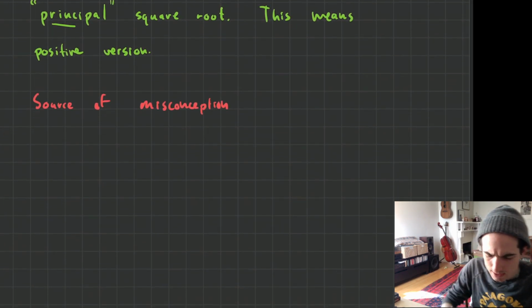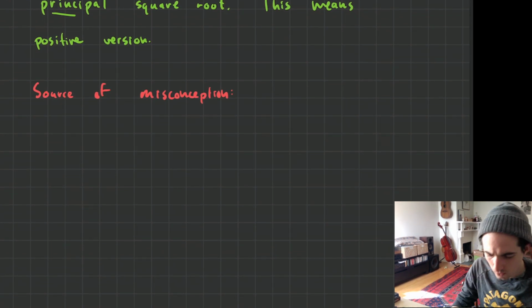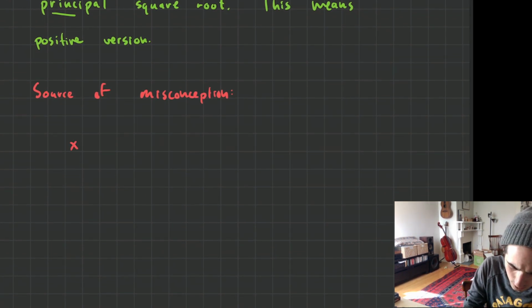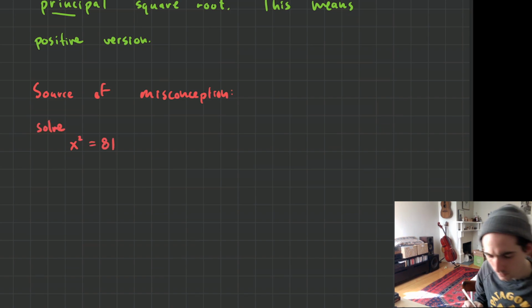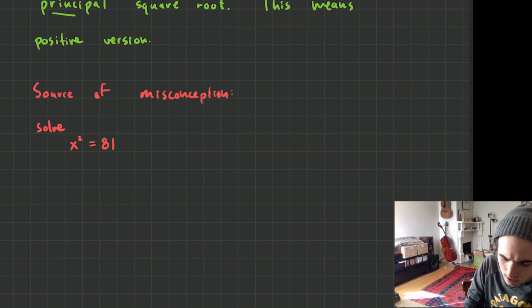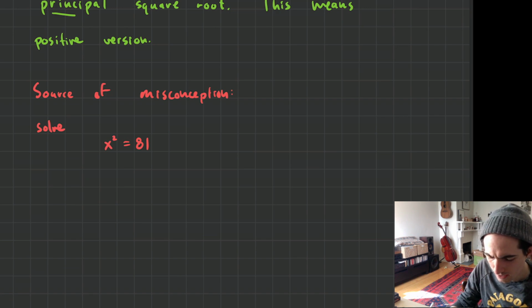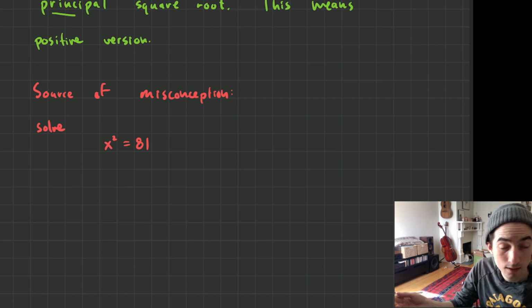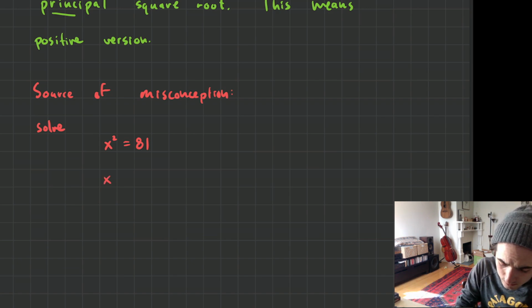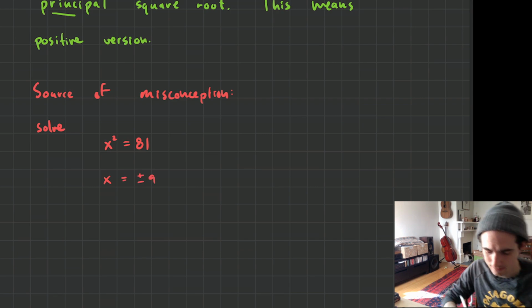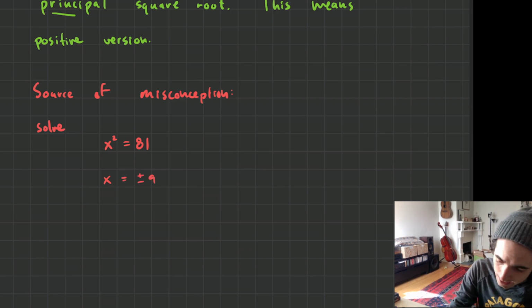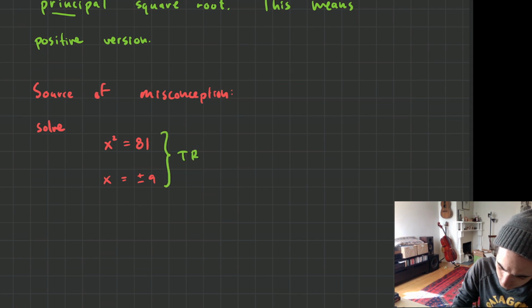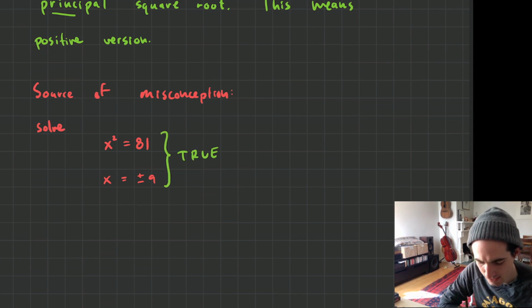So the source is, let's say that I wanted to solve x squared is equal to 81, right? Let's say I gave you this algebraic equation to solve, and you would say, oh yeah, I know how to solve that. I'm looking for all the numbers whose square is 81. Well, x would be plus or minus 9, right? And that is absolutely true.